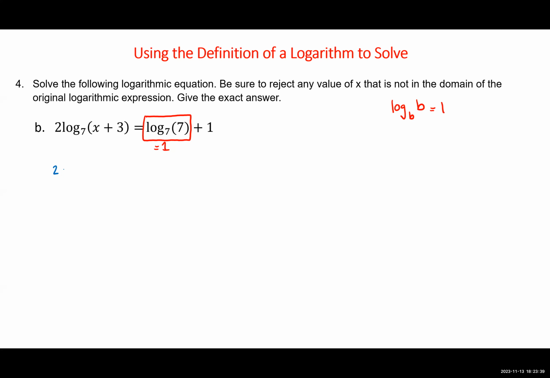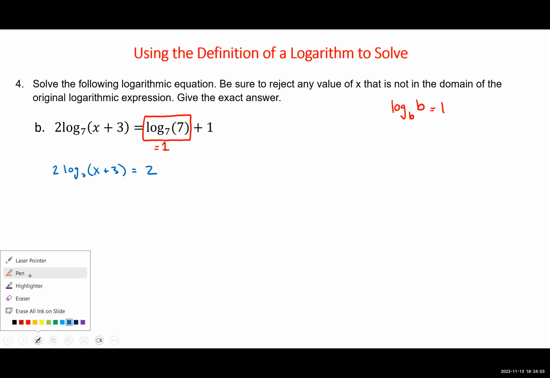So we've got 2 times the log base 7 of x plus 3 is equal to 2. This almost looks like the definition of the logarithm, but the problem is we've got this 2 out front.